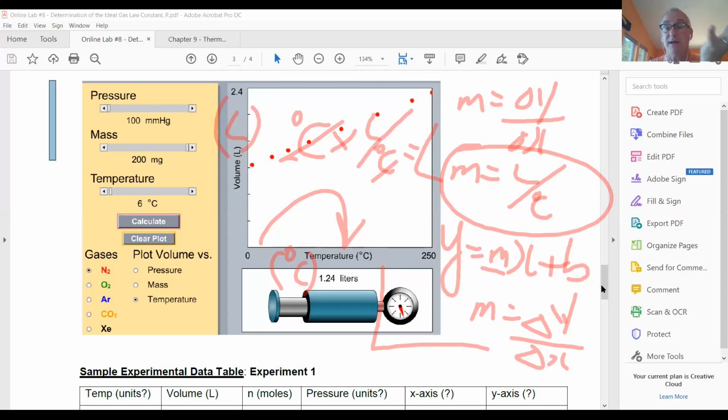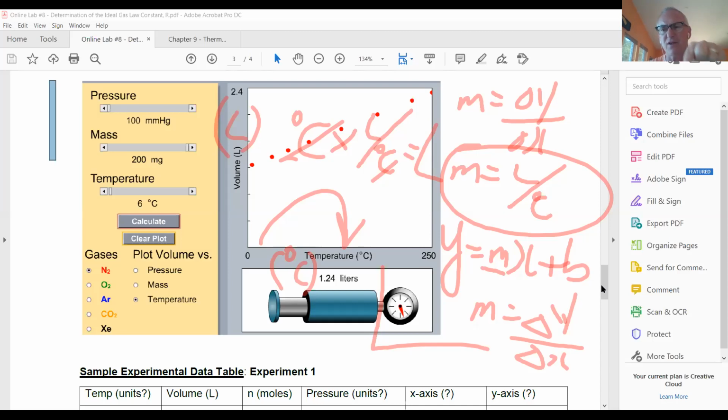And that's what the slope does for us, because it tells us the relationship between my X and my Y. So once I have that slope, if it's a line, I can take any X, plug it into the slope, and it'll tell me what Y is. That's the whole point of the slope.